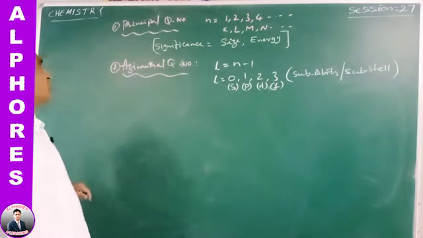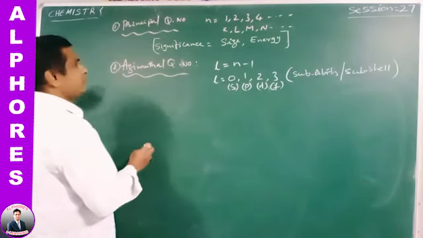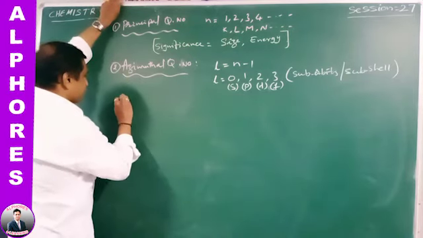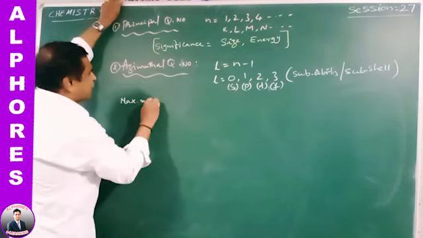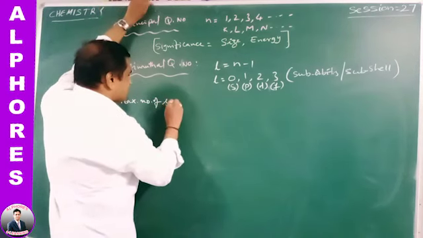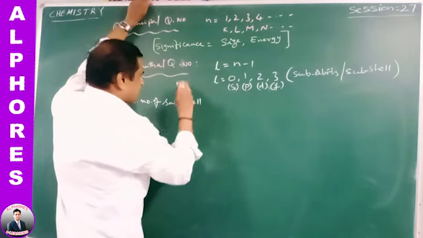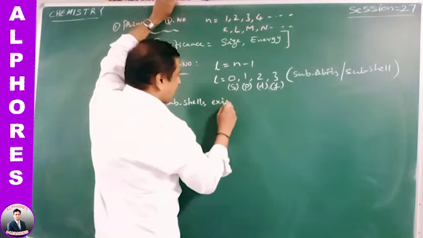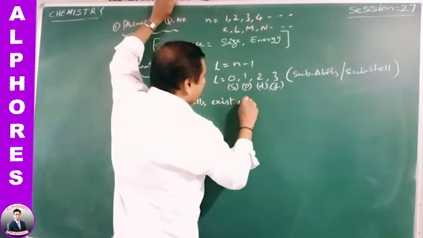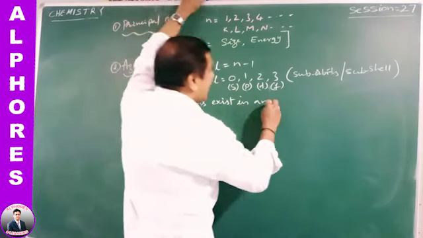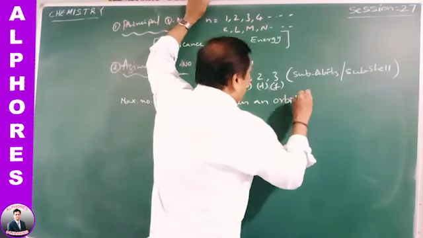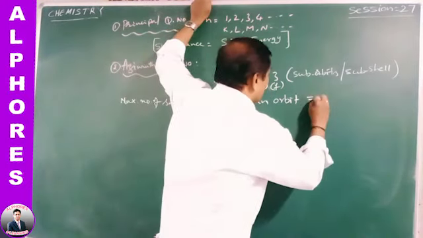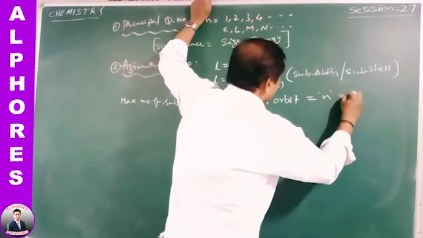Then the maximum number of subshells that exist in an orbit is equal to the n value.